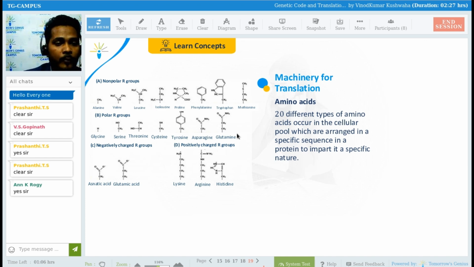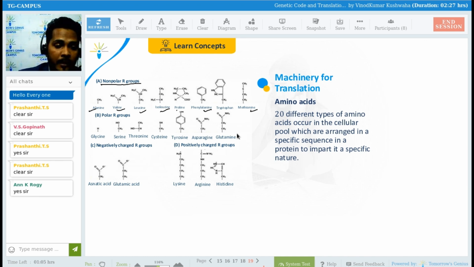So you can see this is the non-polar group: alanine, valine, leucine, isoleucine, proline, phenylalanine, then tryptophan, methionine. These all are the non-polar group. Then there is a polar group having glycine, serine, threonine, then cysteine, then tyrosine, asparagine, and glutamine.